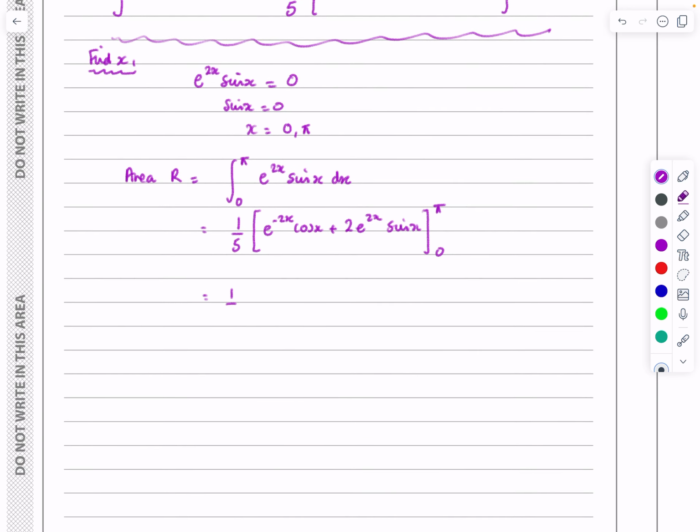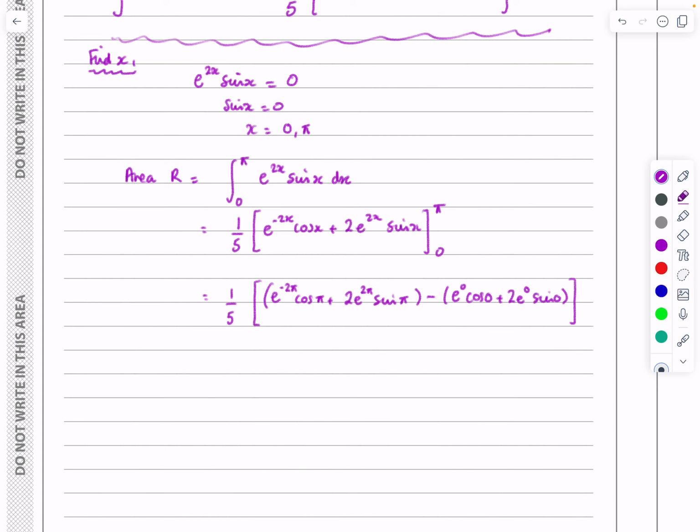So just put pi in and then put 0 in: e to the minus 2 pi cos pi plus 2e to the 2 pi sine pi, minus the same thing but with 0 in, so e to the 0 cos 0 plus 2e to the 0 sine 0.